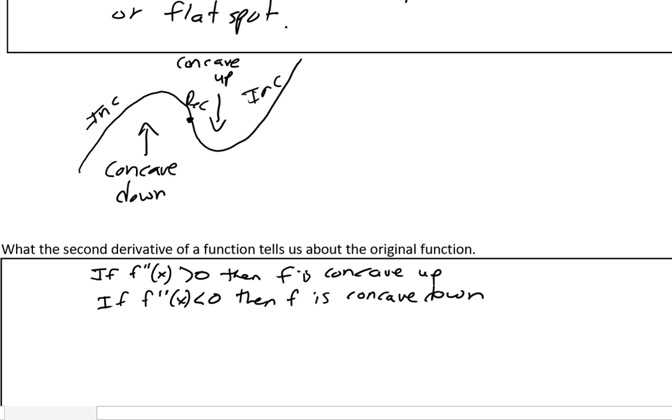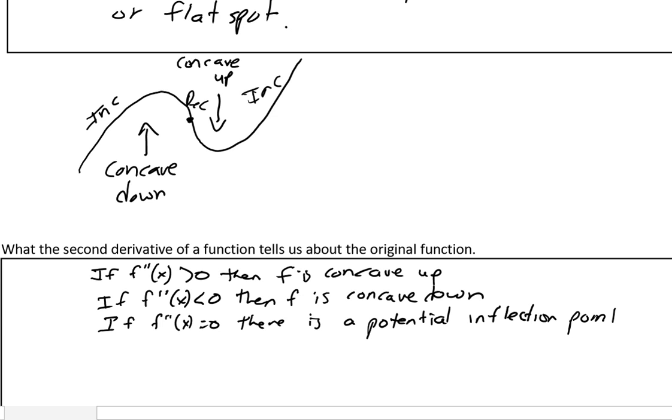So if the second derivative equals 0, there is a potential inflection point. In our drawing up here, this is an inflection point, which is a change in concavity.